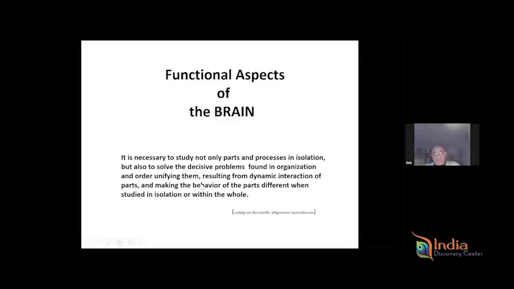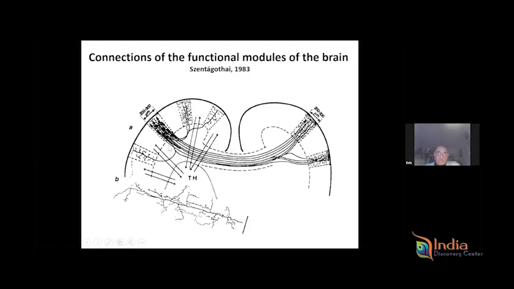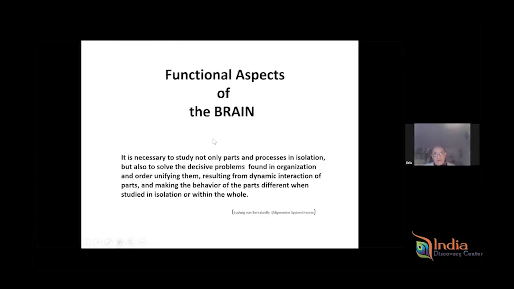I think we can see the problem: it is pretty hard to isolate this functional unit and check what the different functional modules scattered inside the cerebral cortex do, what the characteristic function of a single module is. It is pretty hard.